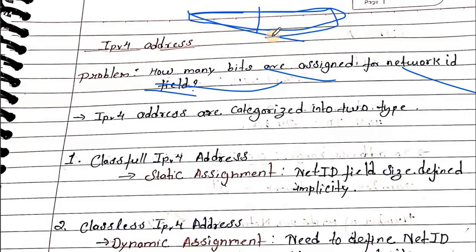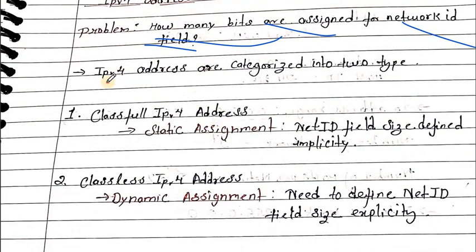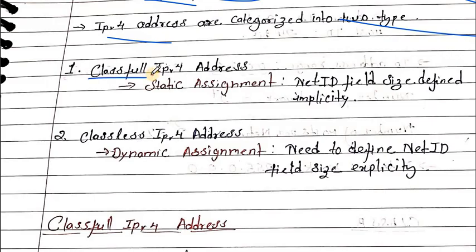This problem can be solved by categorizing IP addresses into two types: classful IP address and classless IP address. In classful IP address, the network ID field size is implicitly defined, and in classless it is defined explicitly.